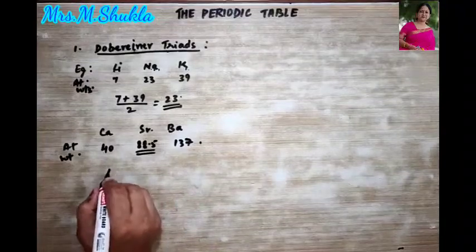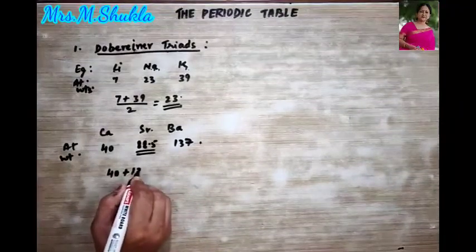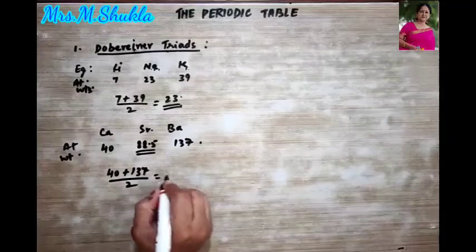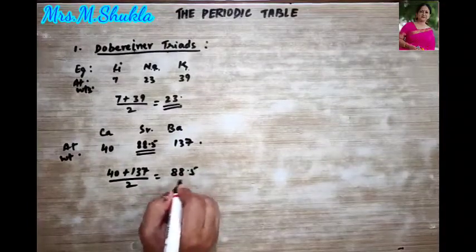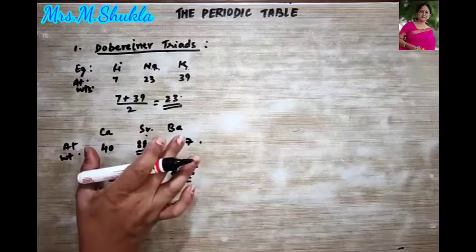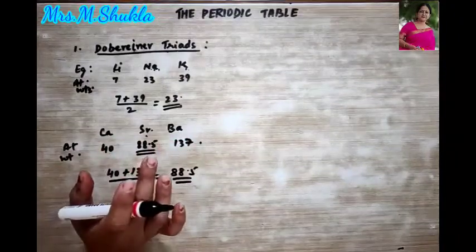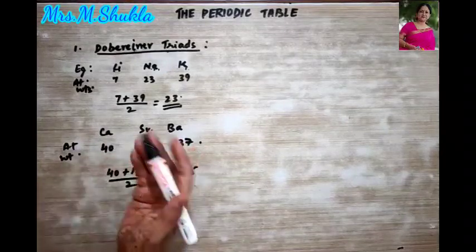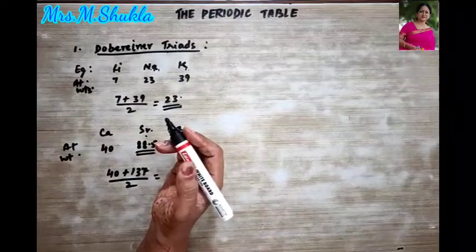So what did he do? He took 40 plus 137 upon 2. And what did he get? He got 88.5, and thus he took strontium in between calcium and barium, and thus this became the triad, right? Therefore, these three elements showed similar properties.